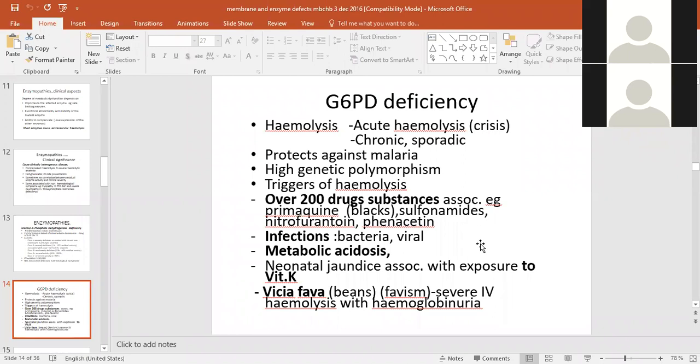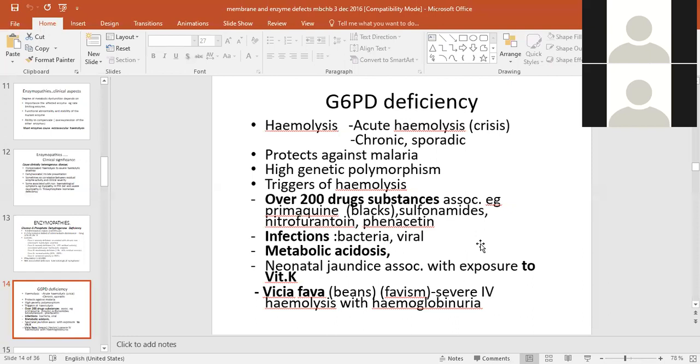But anyway, that aside, there's also a high genetic polymorphism with triggers of hemolysis. And I think of importance really is to emphasize the fact that there are over 200 drug substances that have been associated with hemolysis in these patients, including what we give to manage malaria, primaquine.